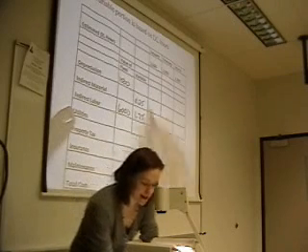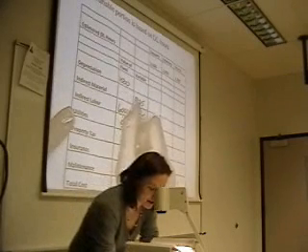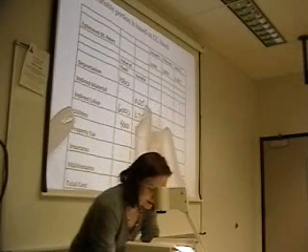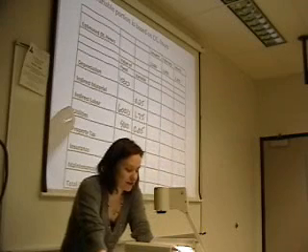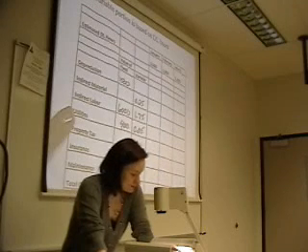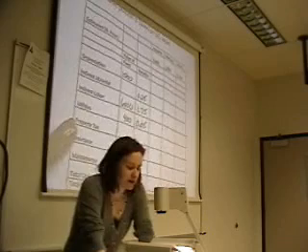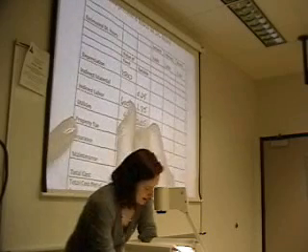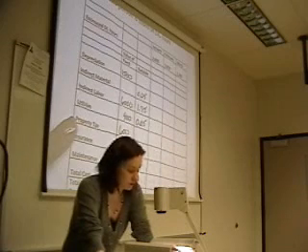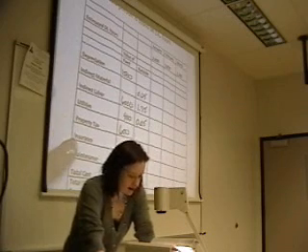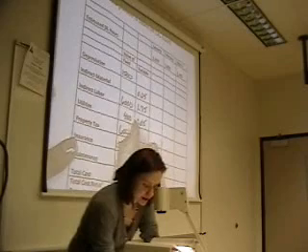Utilities, we did the same thing and came up with $400 as the fixed portion and 5 cents per direct labor hour as the variable portion. Property taxes are a flat $600 a month. Insurance a flat $500 a month.